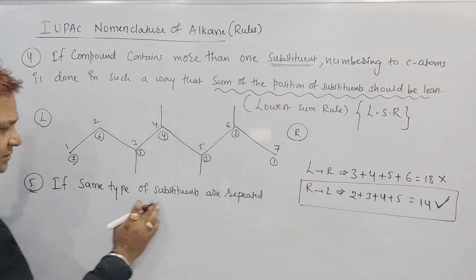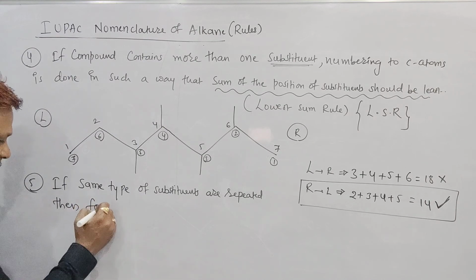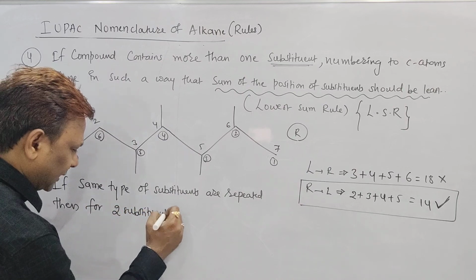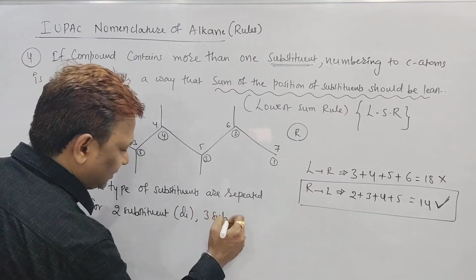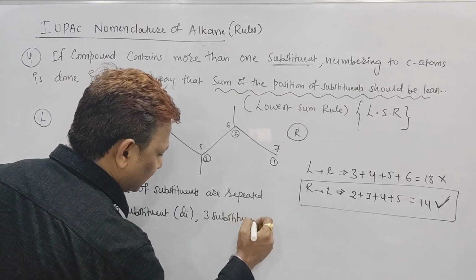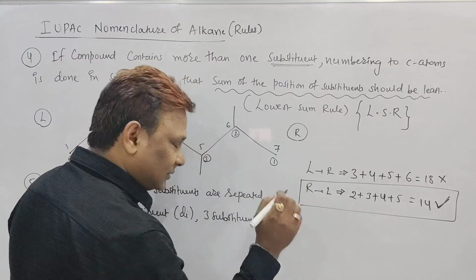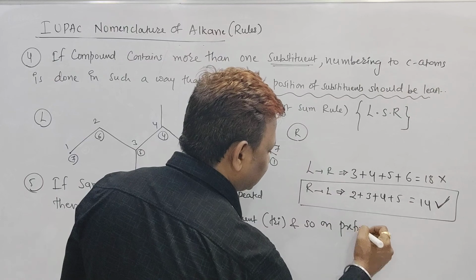If the same type of substituents are repeated, then the prefix di, tri, tetra should be used. If it is repeating 2 times, then you should use di. For 3 substituents, we should use the prefix tri. 4, tetra, and so on. The prefix should be used.